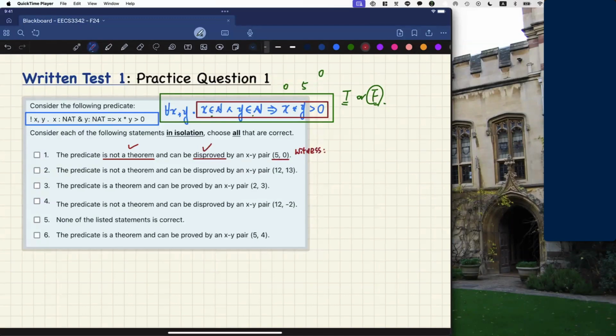So what you're going to do is this: 5, a natural number, and 0, a natural number. In the actual test, you don't really need to write it down. Just write in a way that can help you answer the question. But for explanation purposes, I'm going to write it down. That implies 5 multiplied by 0 is larger than 0.